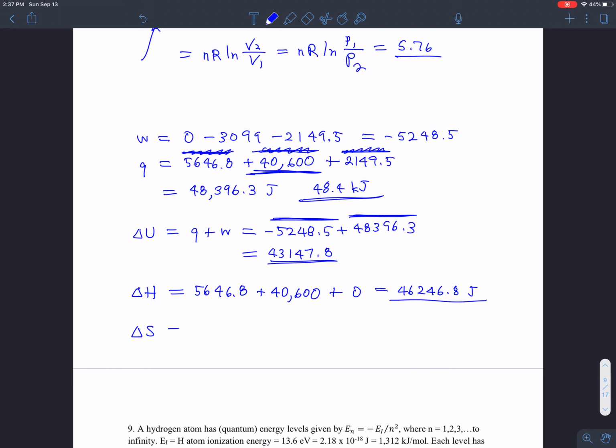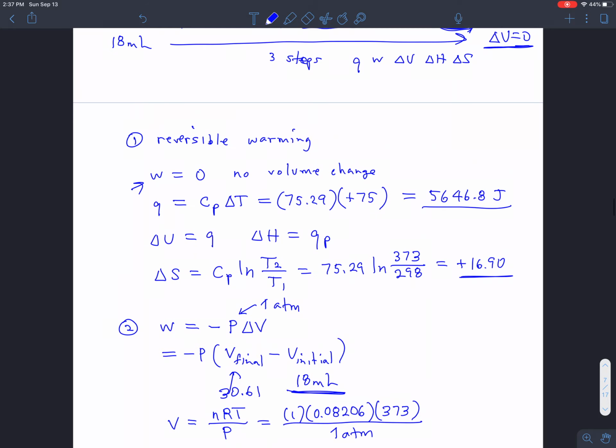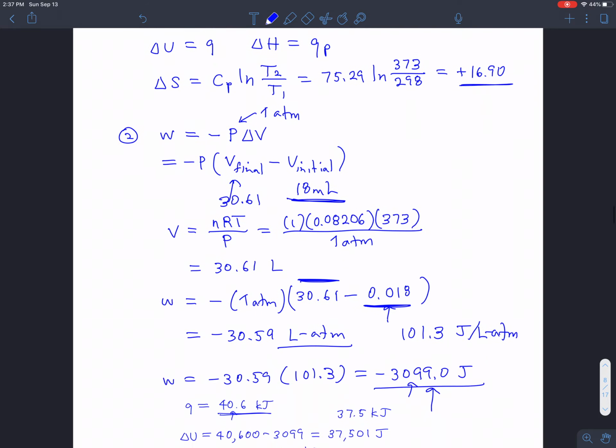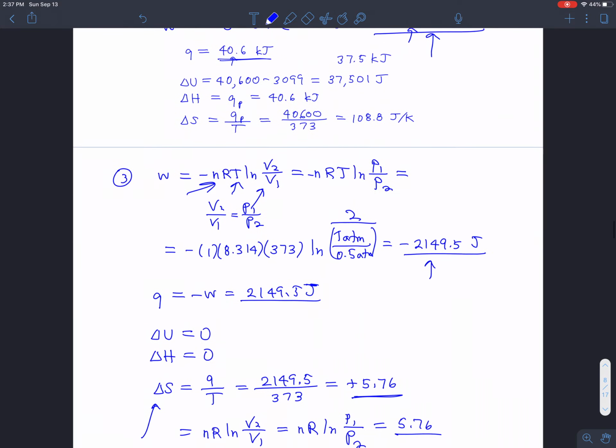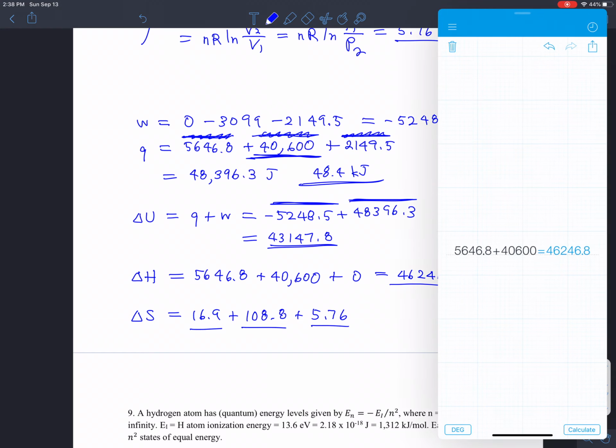And finally, delta S, let's again just add things up. That's the simplest way to go. Notice that every single entropy change is positive for this particular process, because in the first case we warmed, in the second case we added a whole bunch of heat in order to vaporize, and in the third case we expanded.